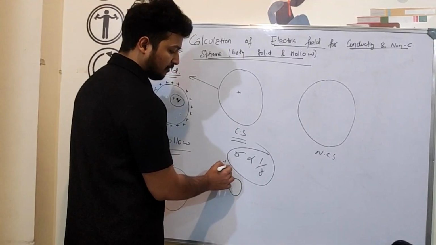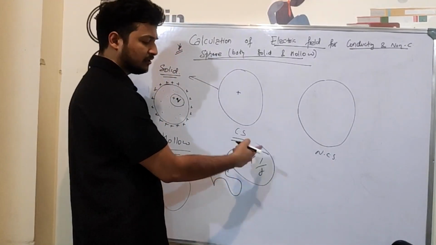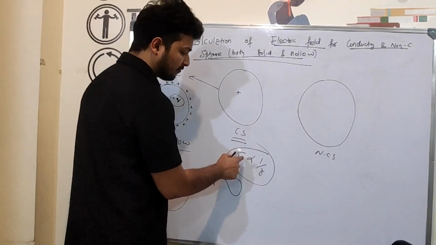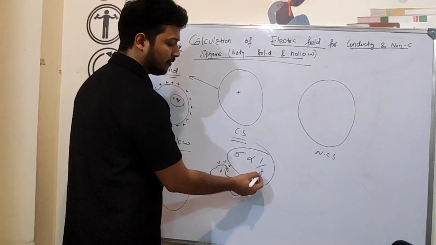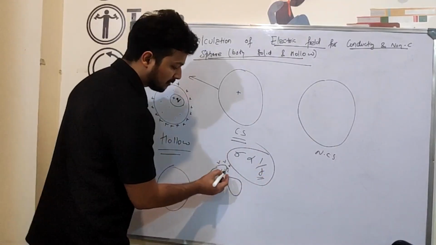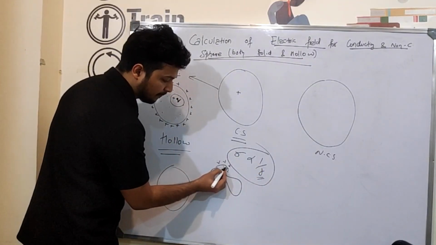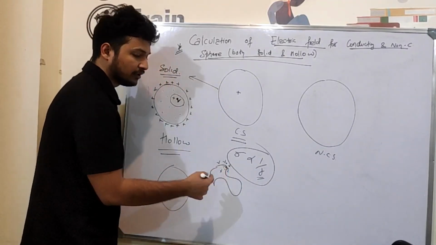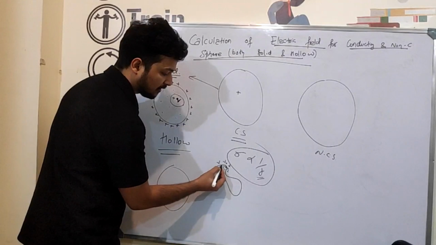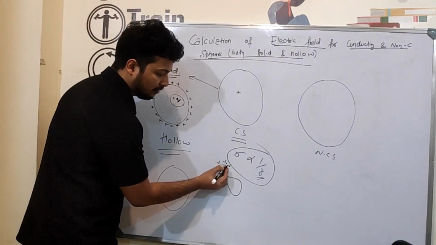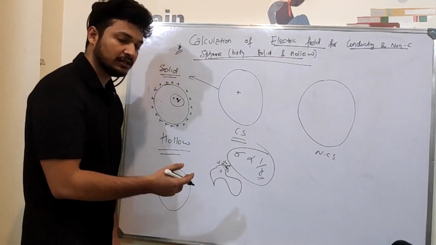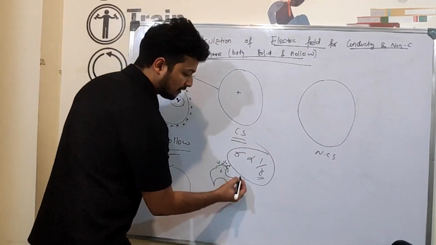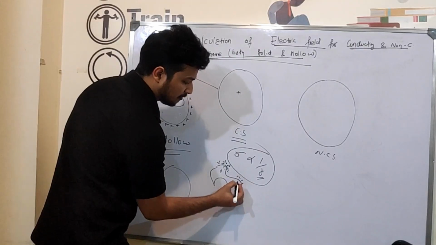The formula we know says that sigma is inversely proportional to r, where r is the local radius of curvature. It is simply saying that the value of surface charge density at any point will depend upon the local radius of curvature. If I draw a simple radius r, the value of sigma will be inversely proportional to it. That means this point will have more surface charge density than that point, guided by this formula.